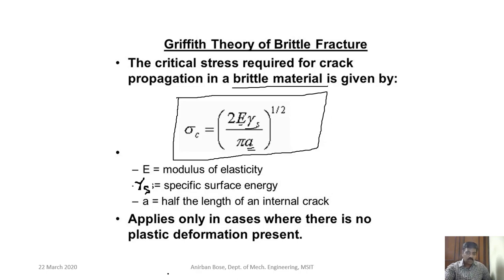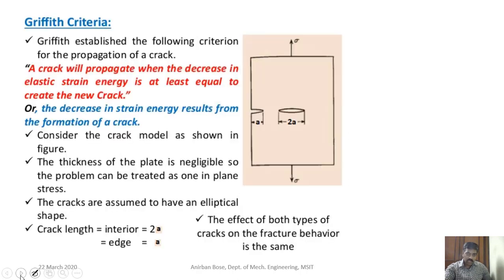Now let us see how this expression comes, or from which criterion it has been derived. It has been derived from Griffith's criterion, according to which a crack will propagate when the decrease in elastic strain energy is at least equal to the energy required to create the new crack.